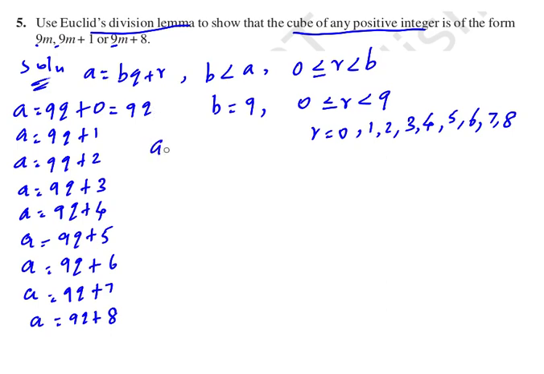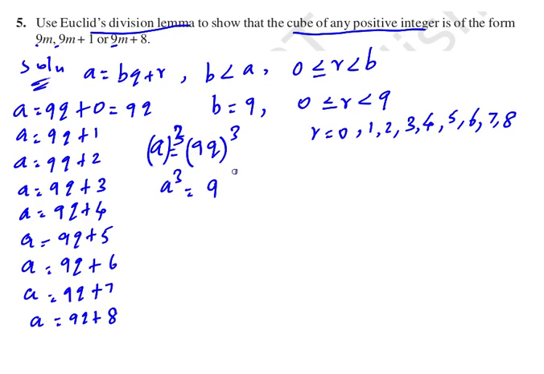So a equal to 9q in the first case. If we get cube on both the sides, a cube equal to 9 cube, q cube.